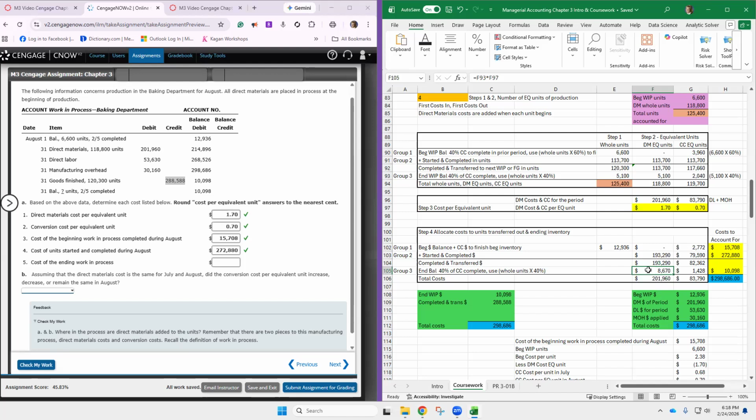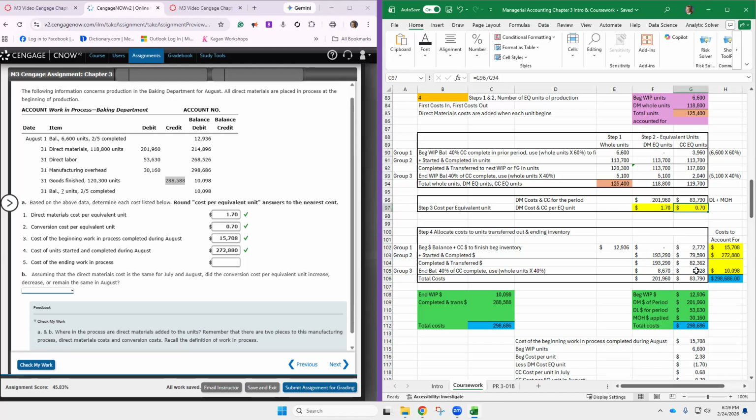So we're going to go up here and take 5,100 times $1.70, which is the direct materials for those that are sitting there in ending inventory. And then 2,040, which is 40% of 5,100, that's the equivalent units. We're going to take it times 70 cents.